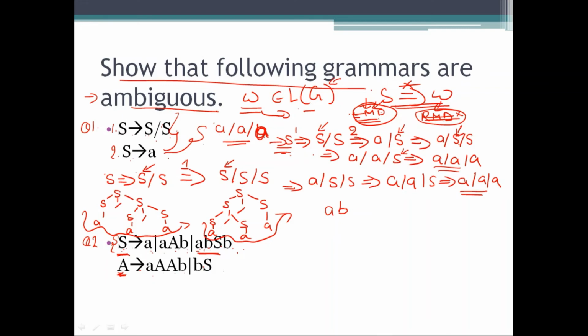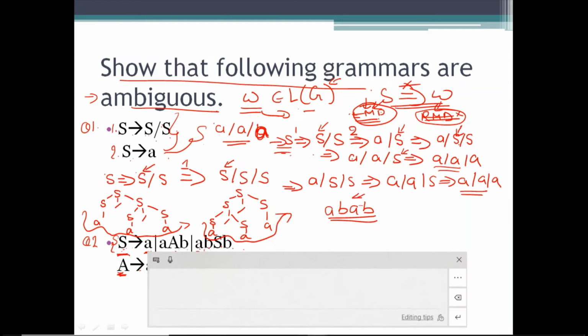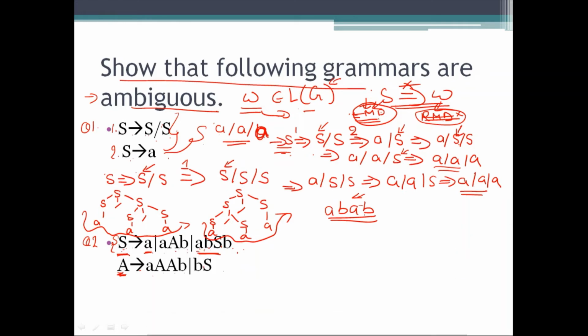AB, S is replaced by A by this production rule. So this can be replaced by what? A. So this can be one of the strings, AB, AB. So if we are able to show that this string is derivable from the starting symbol, and if more than one LMD is there, two or more LMDs, then we are going to say that okay, this string is ambiguous and the grammar is also ambiguous.